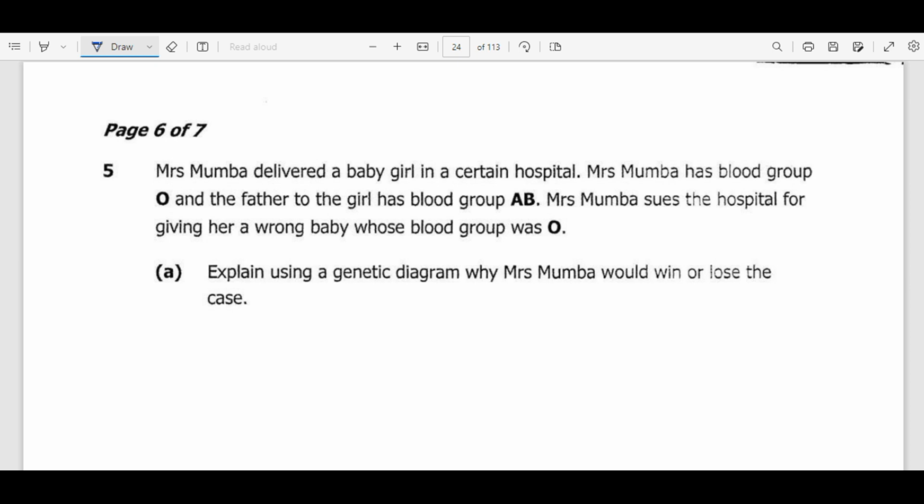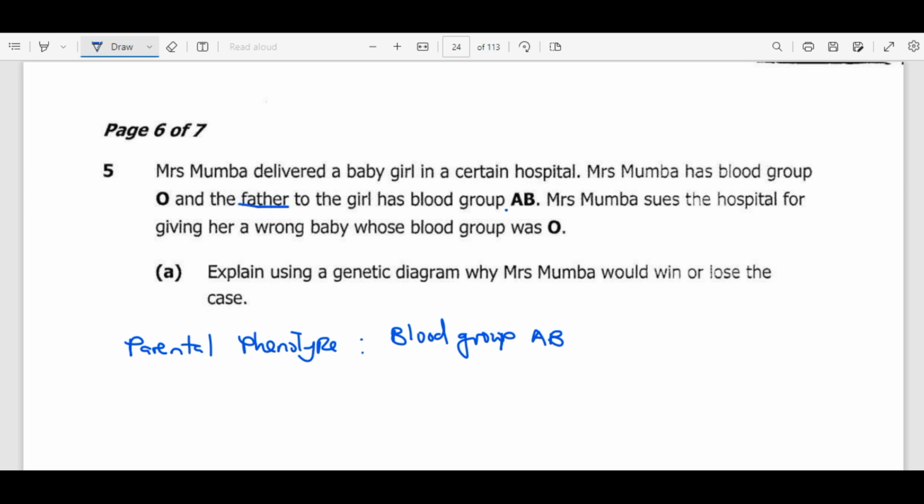Now we have to justify, so we can look at the genetic diagram that will help us. First we have the parental phenotype. We have blood group, because we've been given the blood groups.